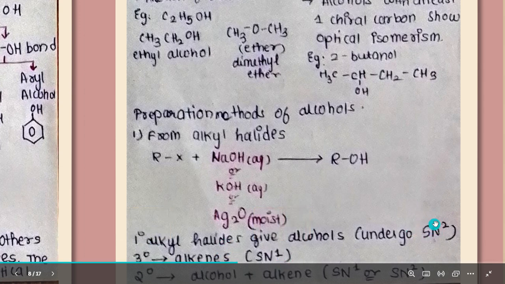The SN2 mechanism is usually easily undergone by primary alkyl halides, whereas SN1 is easily undergone by tertiary alkyl halides. Okay, and secondary ones give both alcohol as well as alkene, and they can go either SN1 or SN2.